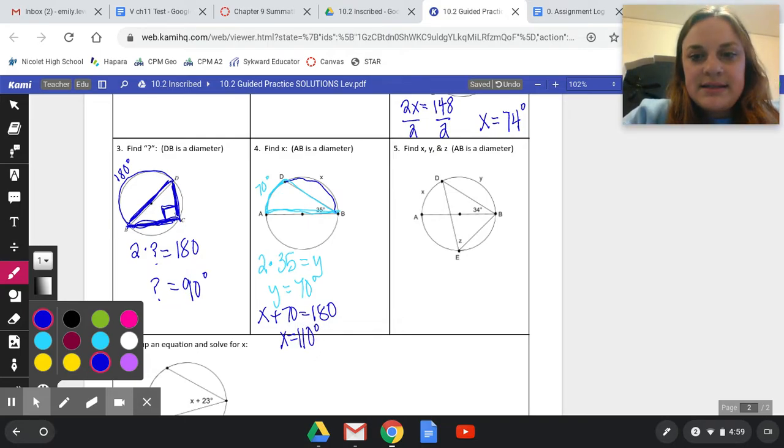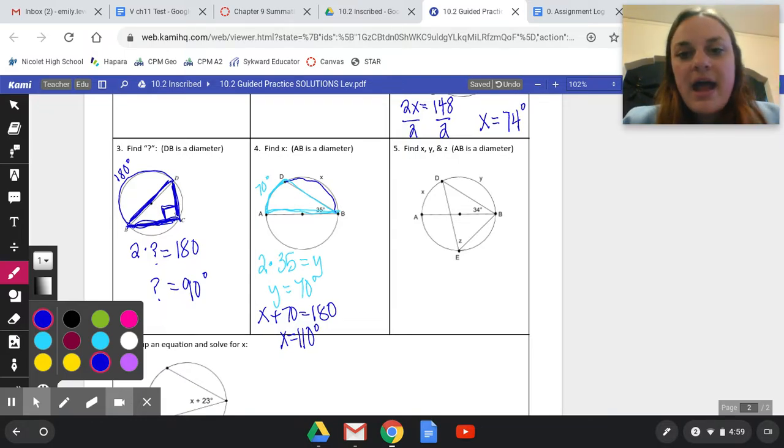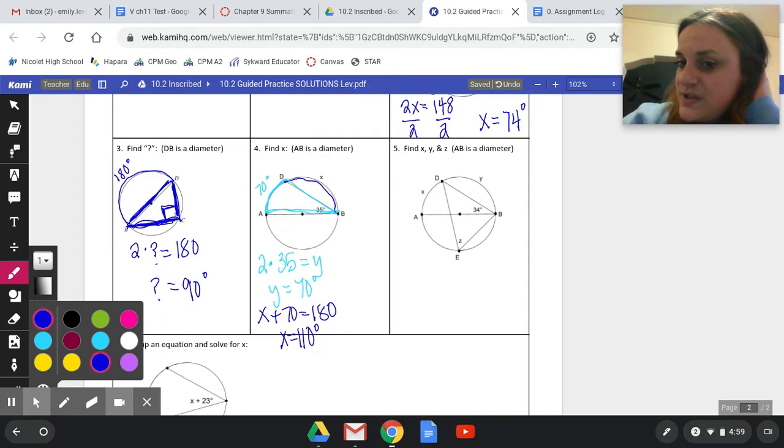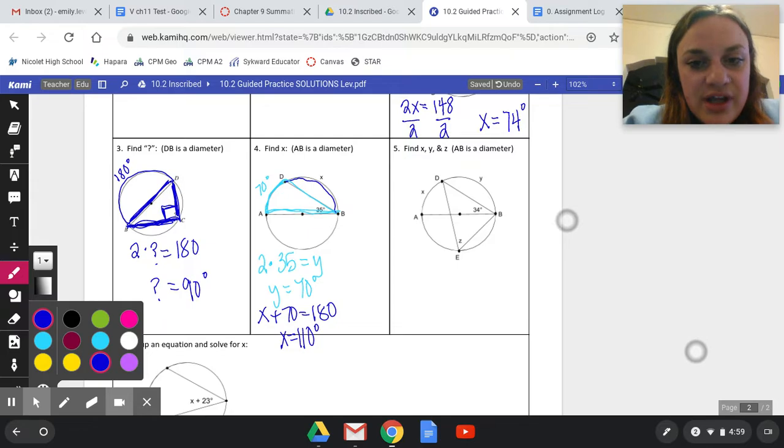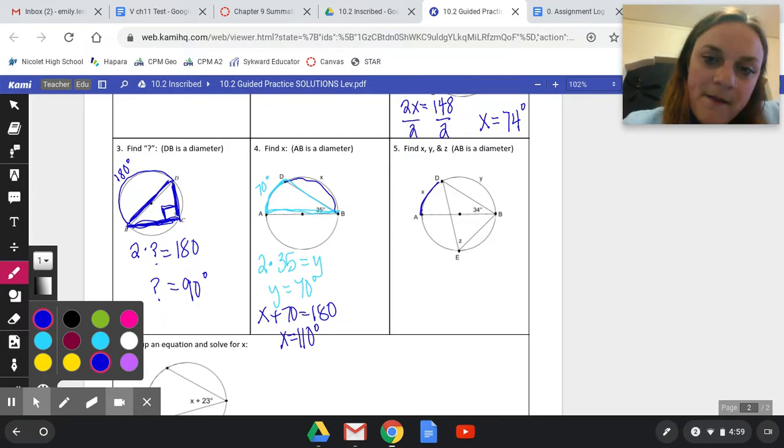Whew. Next one. This is a little bit tricky. So we have x, we have y, we have z, and we have this 34. So I am going to start by just looking for x. X actually happens to be right there.